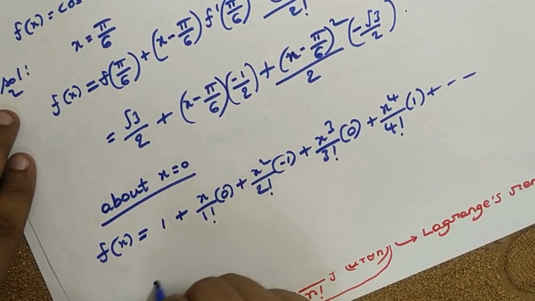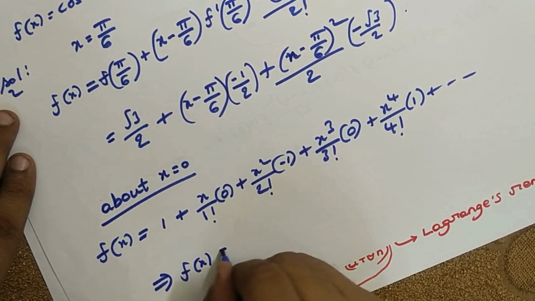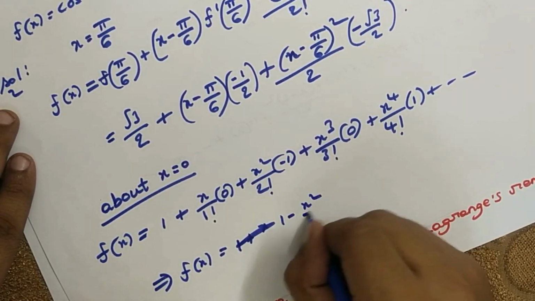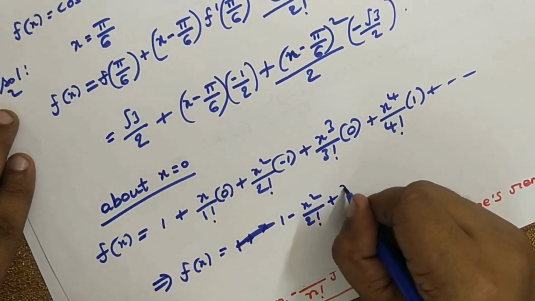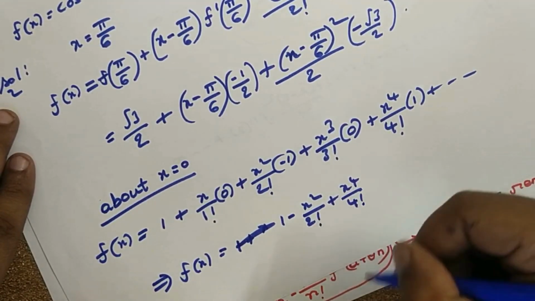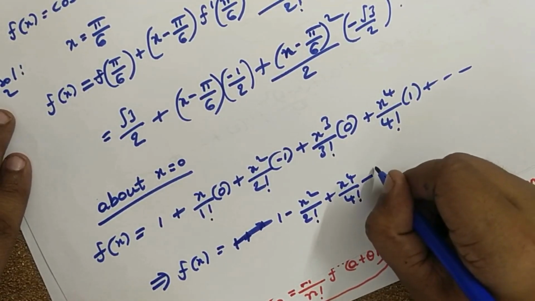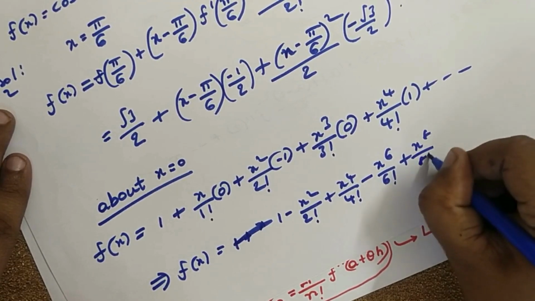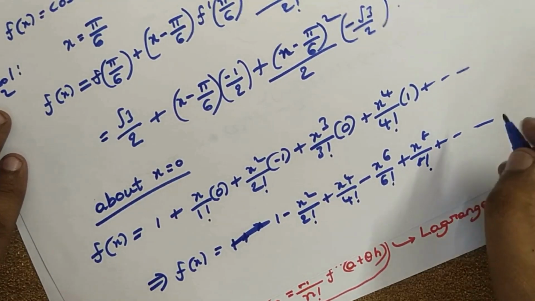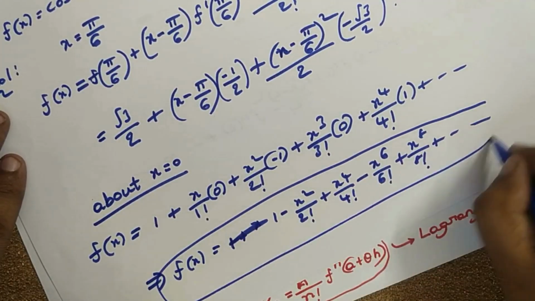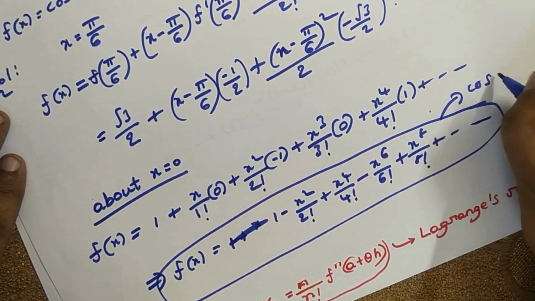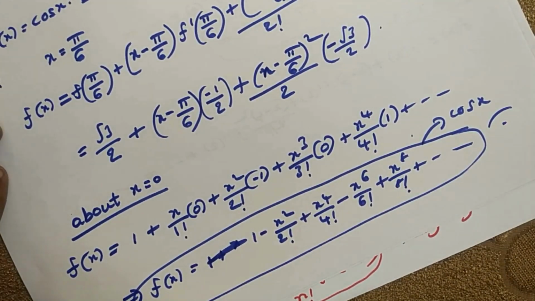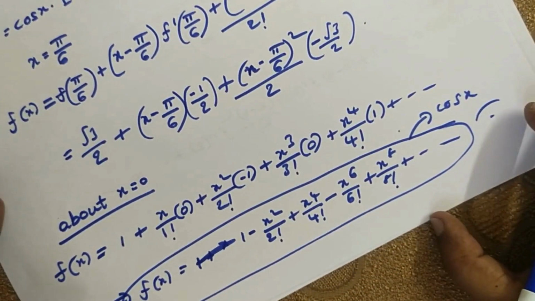Simplifying, f of x will be 1 minus x square by 2 factorial plus x power 4 by 4 factorial minus x power 6 by 6 factorial plus x power 8 by 8 factorial and so on. So this is the expansion of cos x around the point x is equal to 0. Okay, let's meet in the next video.